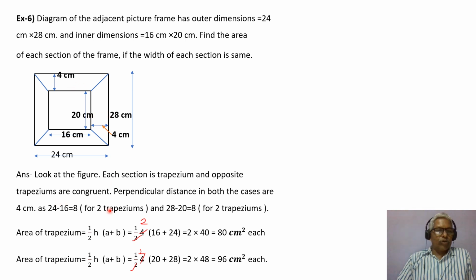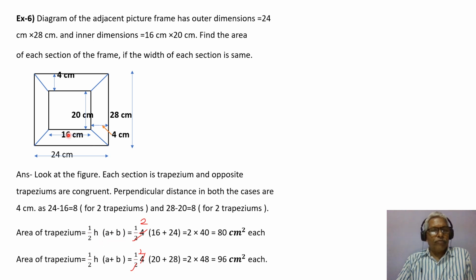Now it is very easy to calculate. The perpendicular distance in both cases is 4 centimeters. This we have seen: 24 minus 16 is 8 for 2 trapeziums, and 28 minus 20 is 8 for 2 trapeziums. So the area of a trapezium is half h into (a plus b).